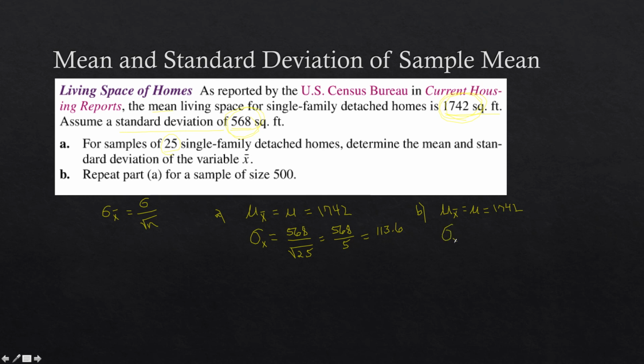But with our standard deviation, the difference is now we're dividing by the square root of 500, which should give us 25.4 for our standard deviation of our sample mean. All right, so that formula is going to be pretty basic, pretty easy for you to use, and hopefully you understand it pretty well.